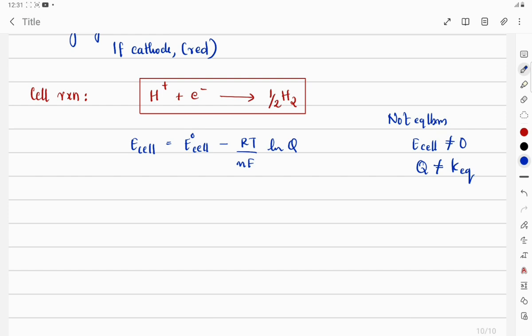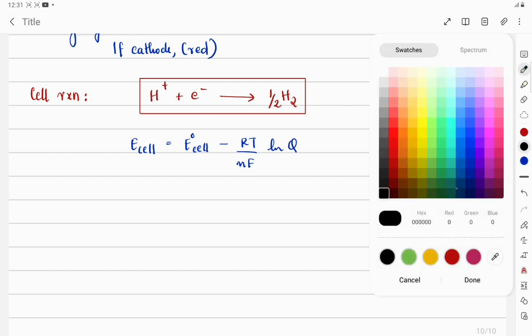What is the E0 cell value for a hydrogen electrode? We've already learned from the electrochemical series that we have referenced it as 0 volt. So the E0 value for the hydrogen electrode is 0 volt.